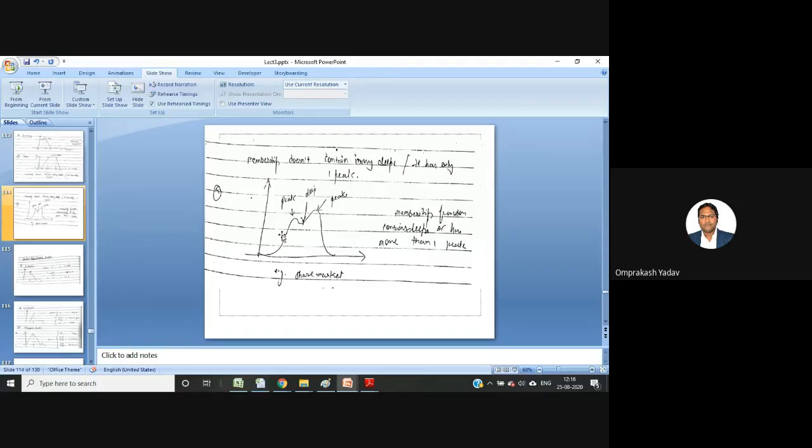Many places you see, but the most common example is your share market, where the stock prices move up and down, right? And then you will see this kind of peak and dip.